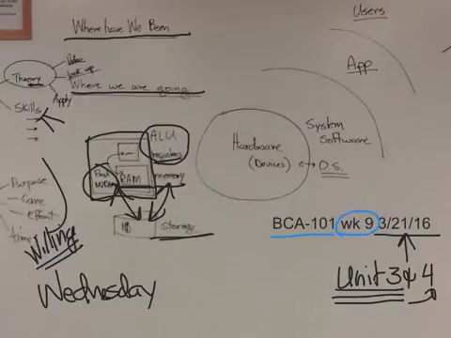Alright. Then we talked about hardware and how system software communicated with the hardware. And primarily we talked about the OS and different types of OS. Talk about why that's important.